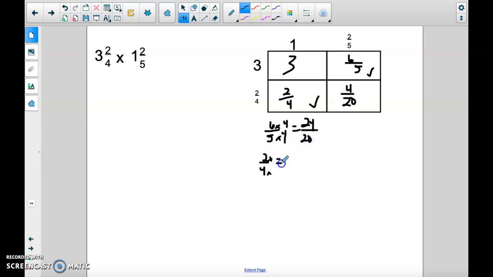This will be equal, we're going to multiply this by 5. Sorry about that. This will be equal to 10/20. Add this together. 34/20. And because I did it that way, it's super easy.